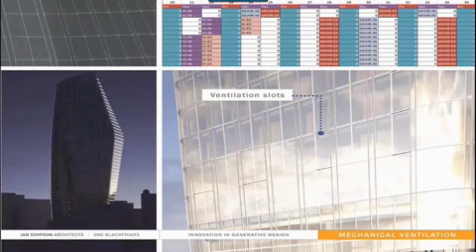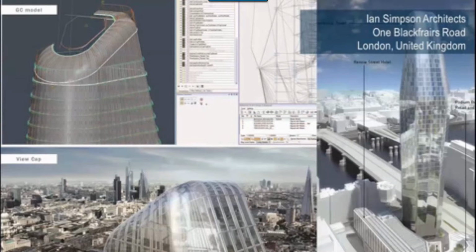We could also test ventilation results for all apartments by quickly varying the parameters. We could quickly quantify overall proportions of solid to void for the whole building for SAP calculations and building regulations.